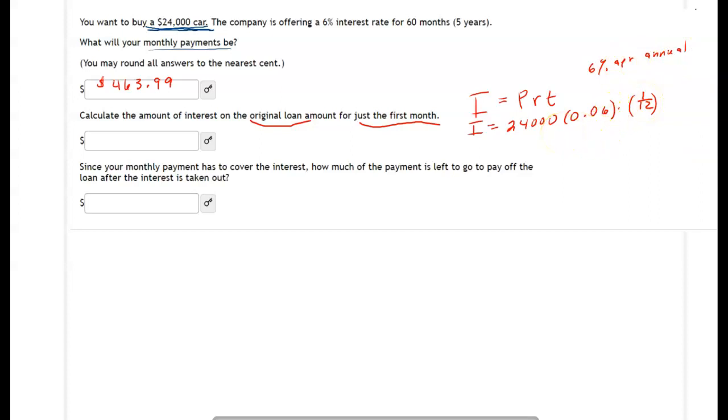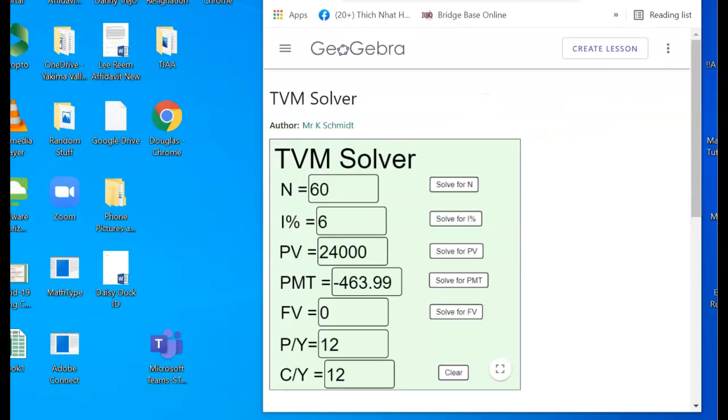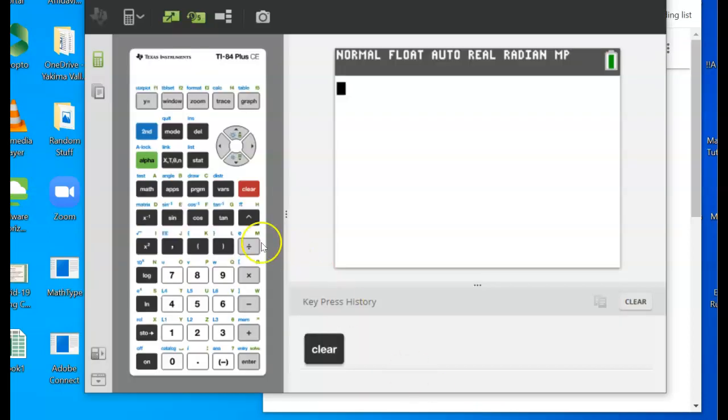So 1 month is only 1/12 of a year. So if we go ahead and calculate that, 24,000 times 0.06 times 1/12, we could calculate that mentally, but let's go to the calculator.